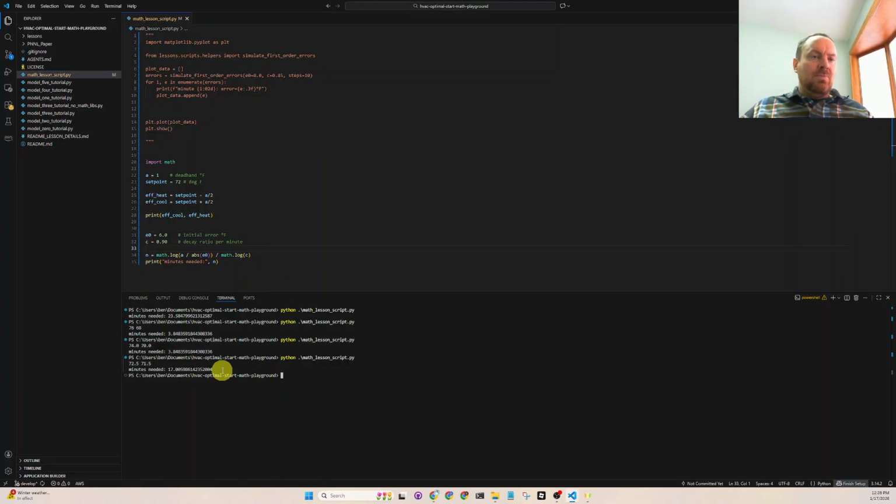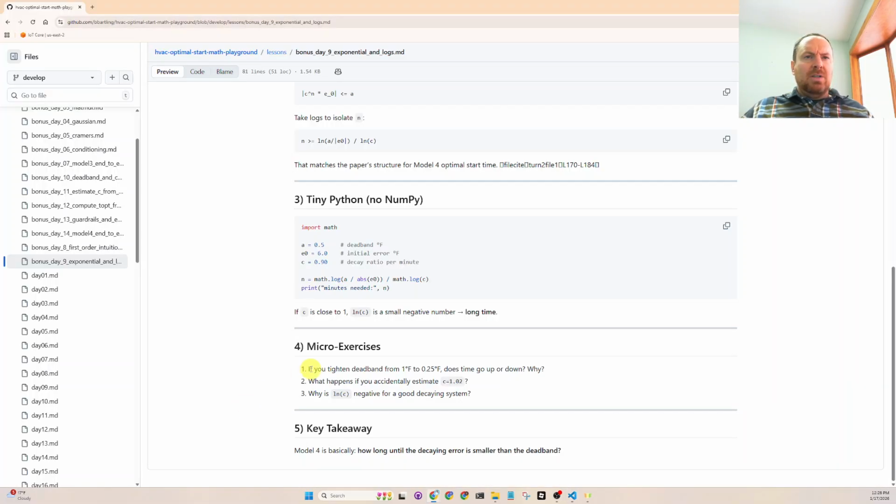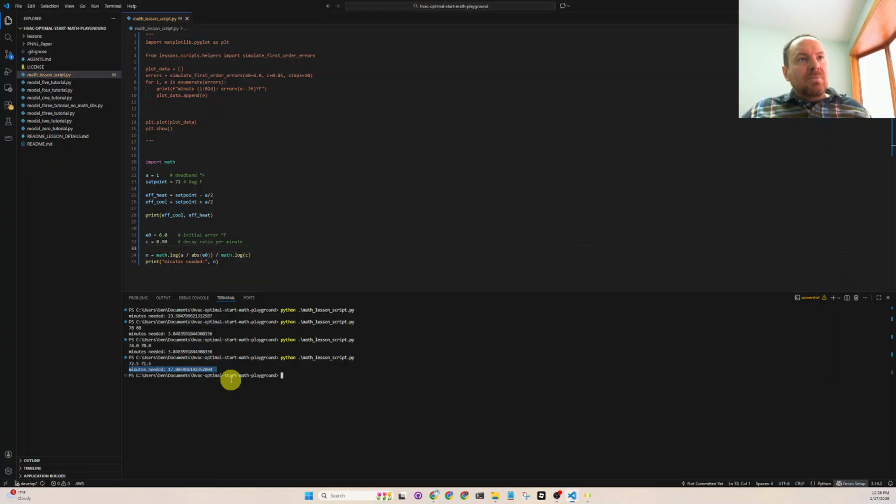Okay, so a smaller deadband makes our equation calculate more minutes, which is kind of interesting. If you tighten the deadband, does the time go up or down, and why? Okay, so time goes up. I have to think about why that would happen.